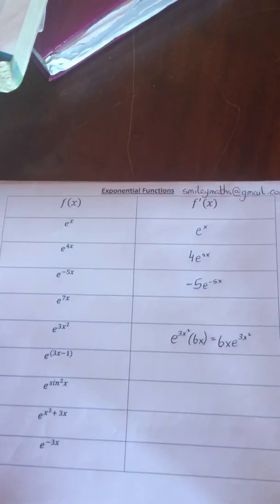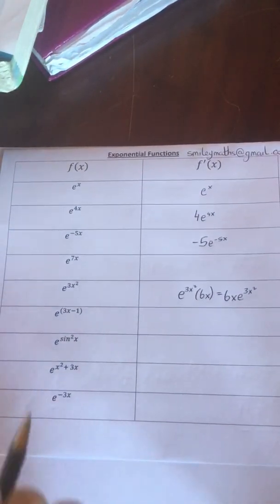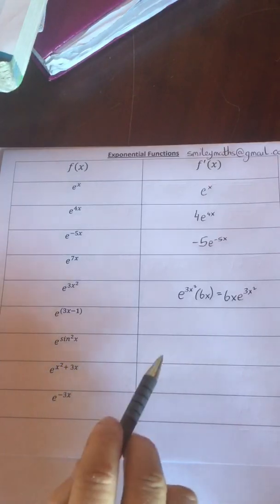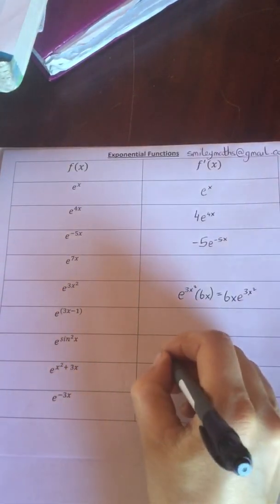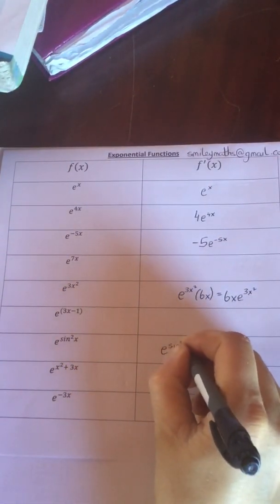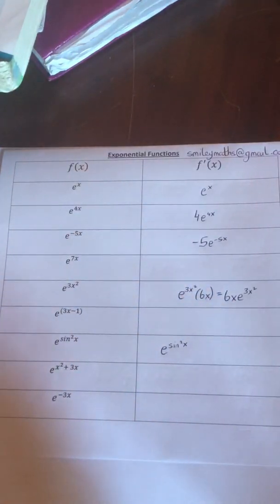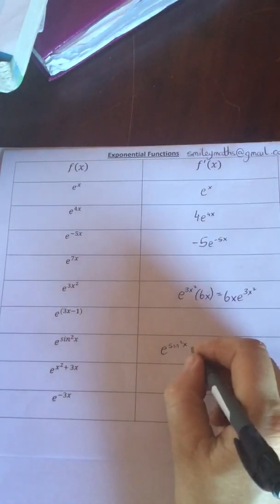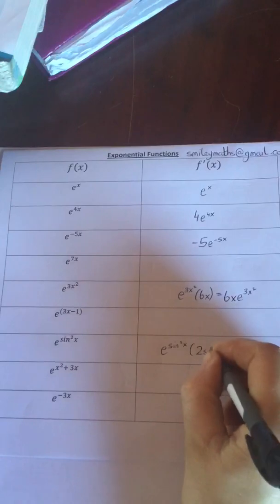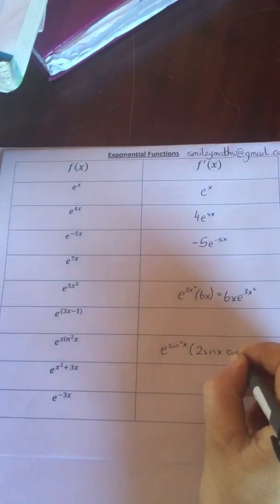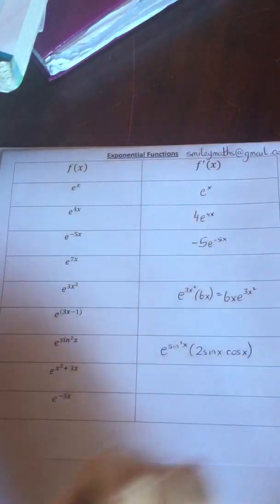E to the power sine squared of x, again, my derivative is going to be e to the power of sine squared of x, and then I need to differentiate sine squared of x, and that's going to go to 2 sine of x cos of x by 1.